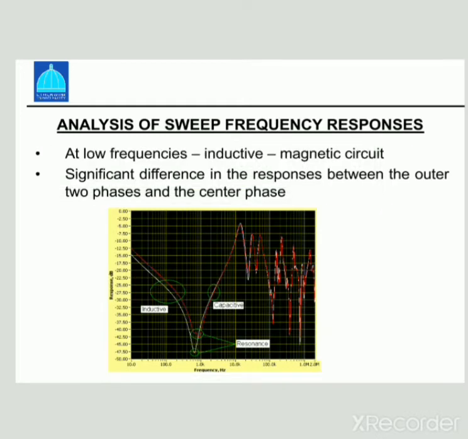At low frequencies, which are the inductive circuit and magnetic circuit, there are significant differences in the responses between the outer two phases and the center phase, as shown in the figure. In the graph, the inductive responses and capacitive responses are seen, and resonance between them occurs according to their frequency.